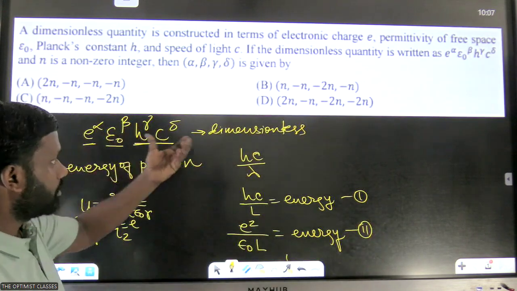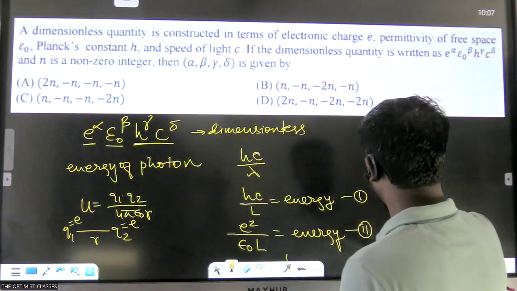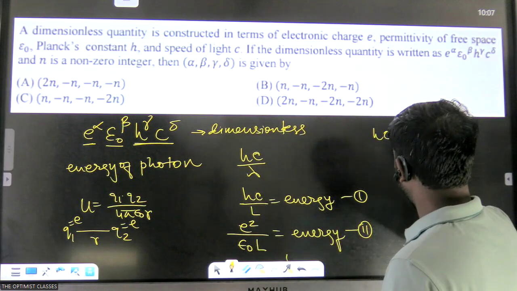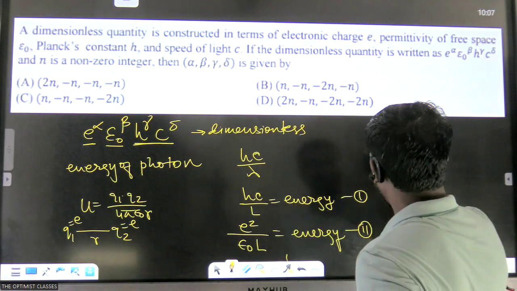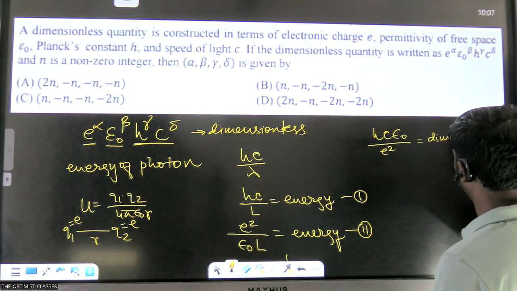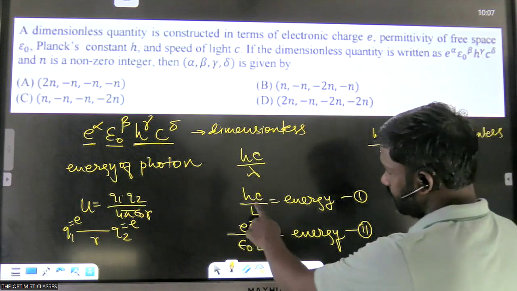Since we have to create a dimensionless quantity, let us divide these two. If you divide the two, you get hc multiplied by epsilon naught divided by e square. This becomes dimensionless because L will cancel out from the two.